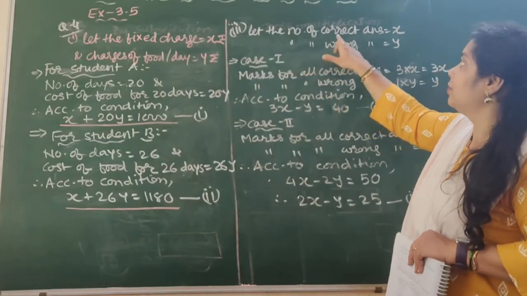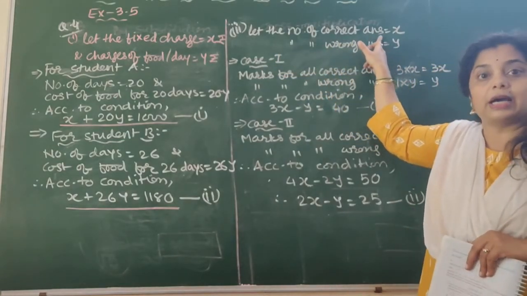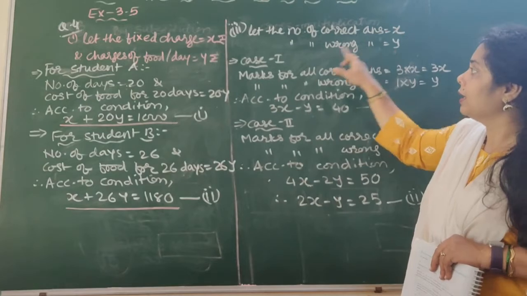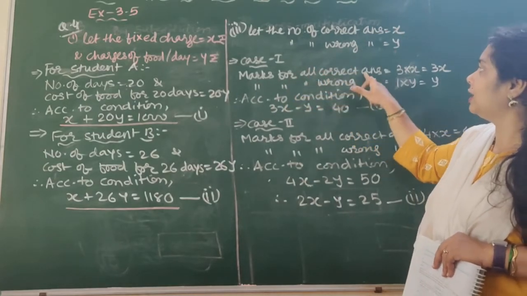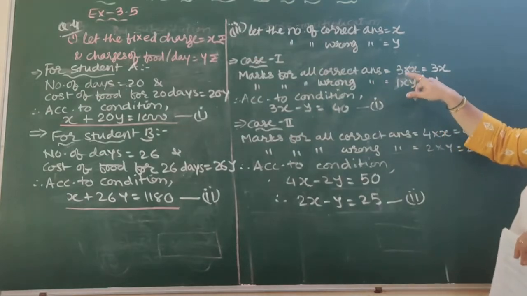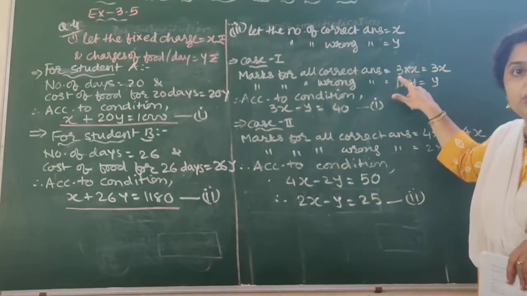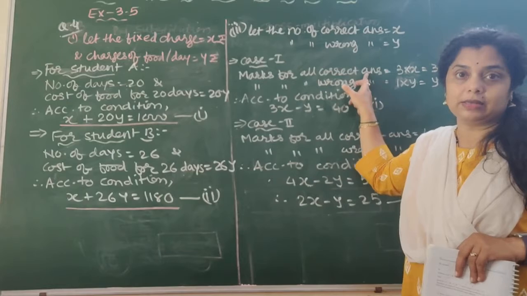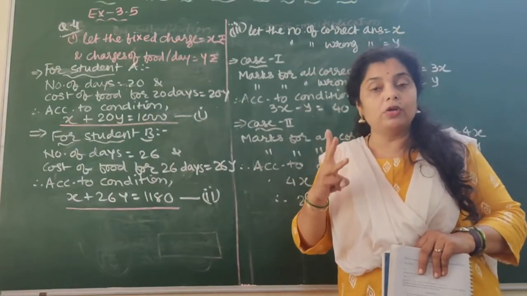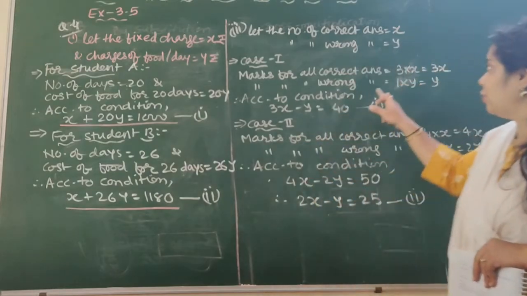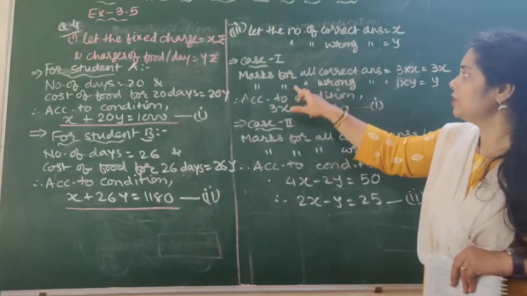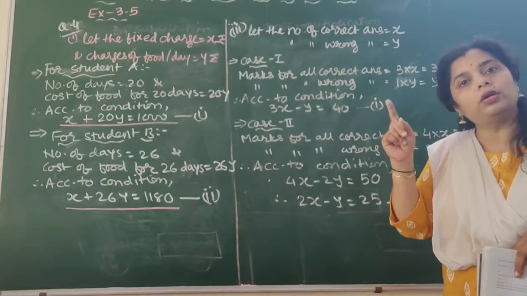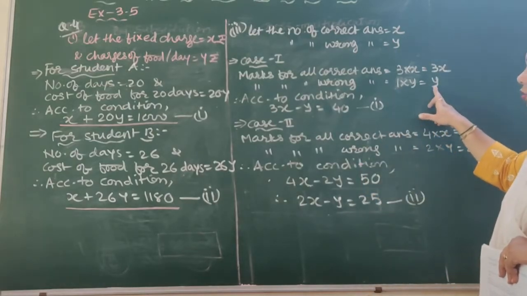Let the number of correct answers be x and the number of wrong answers be y. In the first case, the marks for all the correct answers are 3 into x, because Yash got 3 marks for each correct answer, so 3x. And for the marks for all wrong answers, 1 mark is deducted for each wrong answer, so it is 1 into y, which is y.